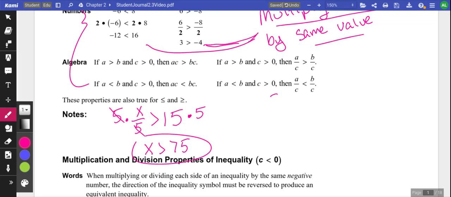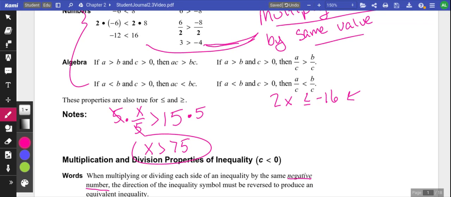Right, so I have 2x is less than or equal to negative 16. Problems like this are where a lot of people make mistakes, because we're going to learn in just a second that we have special rules when we have a negative number that we're multiplying or dividing by. So a lot of people will look at this problem and think, oh, negative 16, I need to do that special rule.